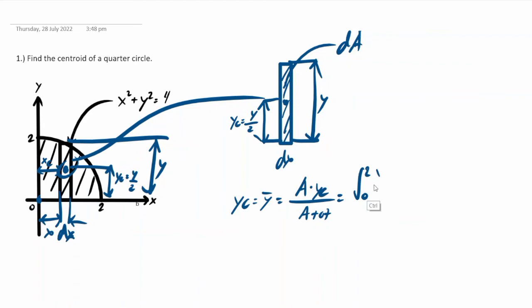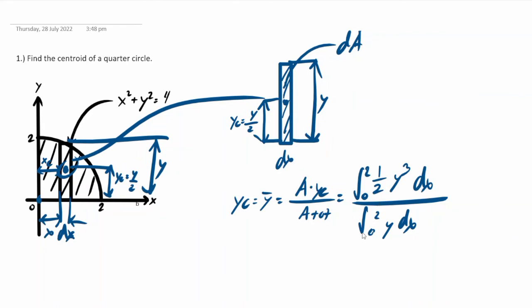Our area is y and our yc is y over 2, so if we join them, we will have 1/2 y cubed dx all over the total area, which is simply y dx.